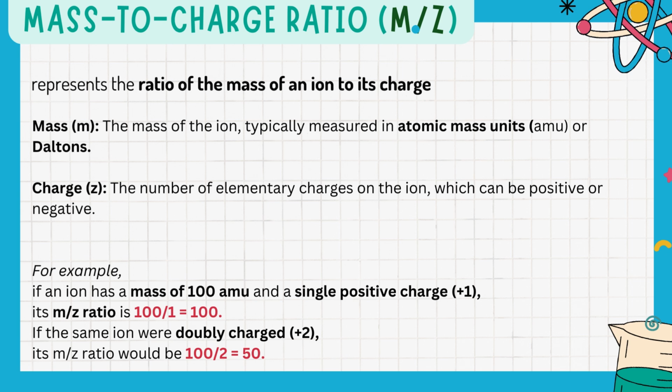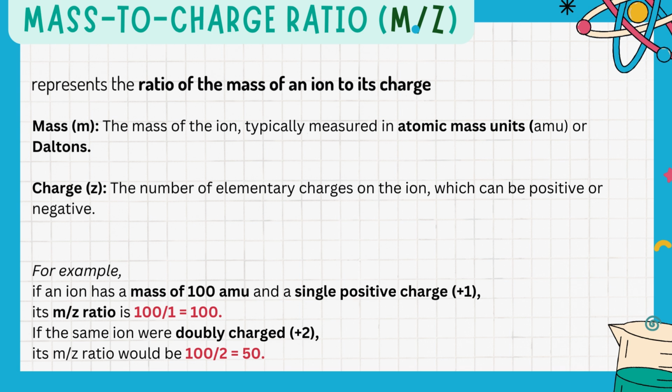In mass spectrometry, it represents the ratio of the mass of an ion to its charge. It is a critical parameter used to identify and analyze ions.